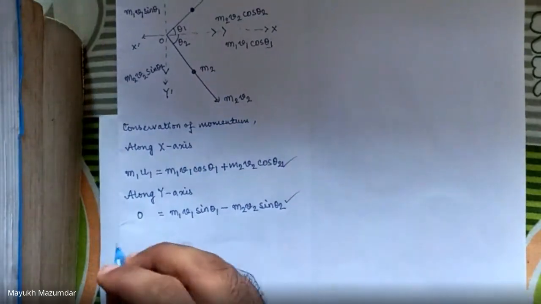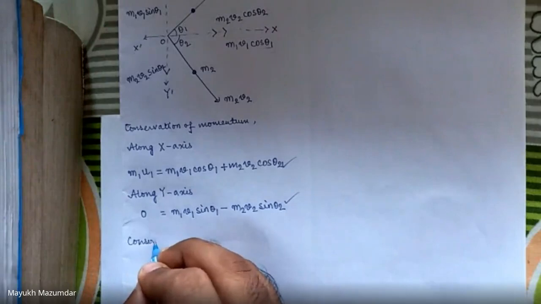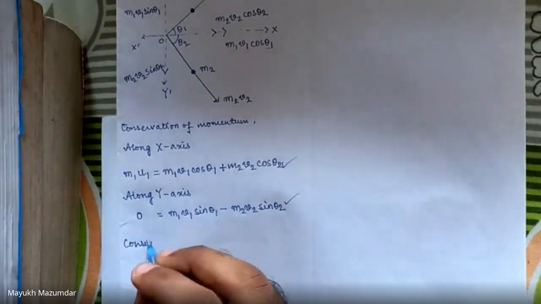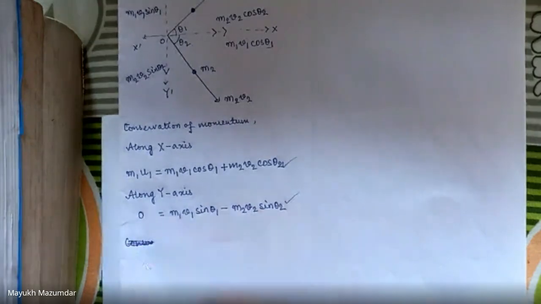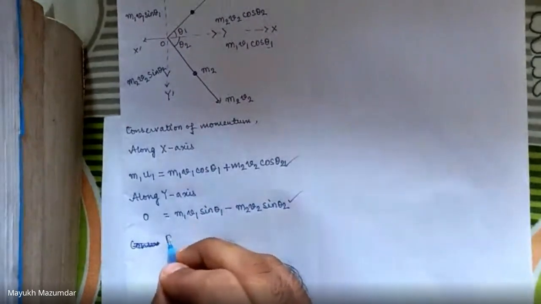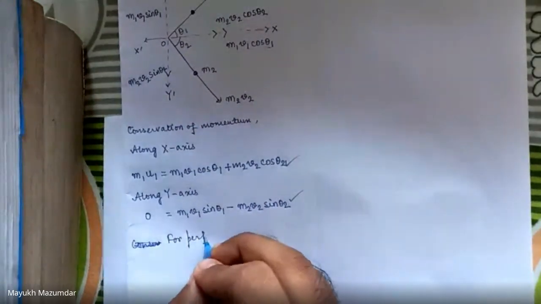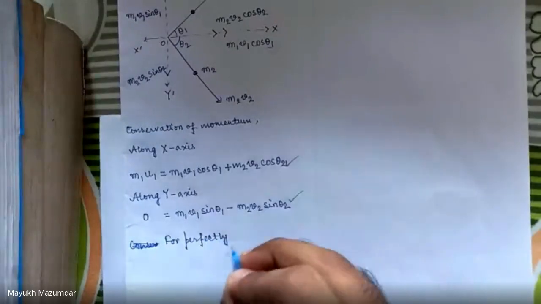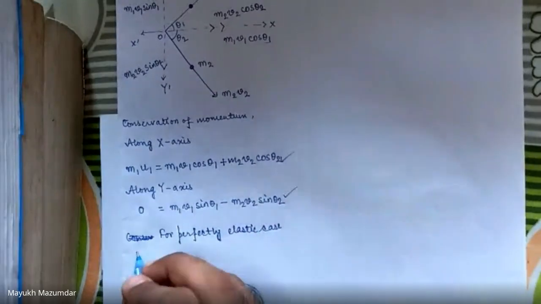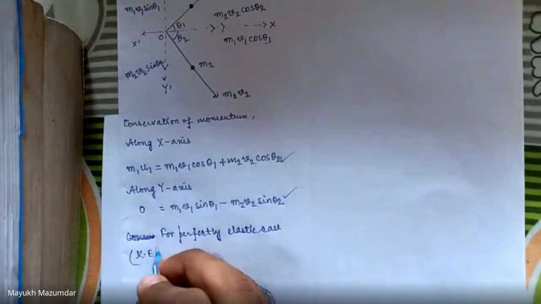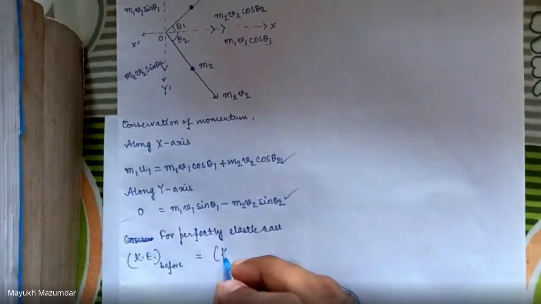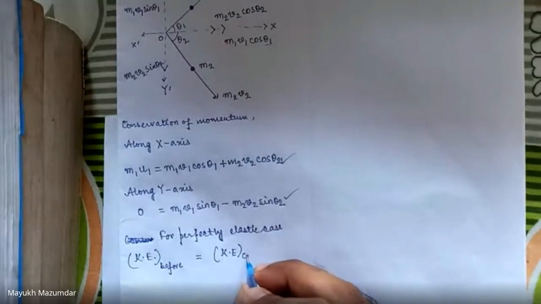What about the conservation of energy? We can say the energy equation. So for a perfectly elastic case, we know that the total kinetic energy before collision is equal to the total kinetic energy after collision.